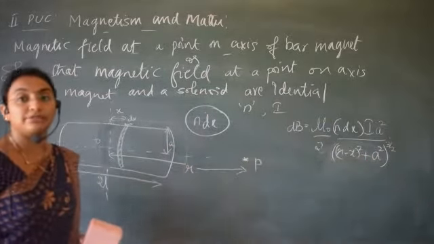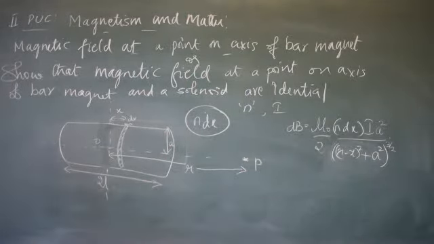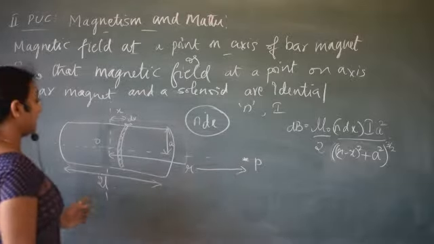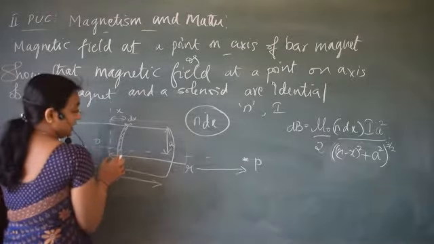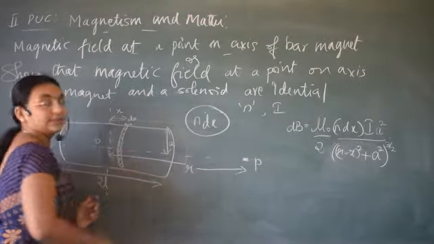Because what is the formula we got using Biot-Savart's law in the derivation? dB is equal to mu naught by 2, I r square divided by (x square plus r square) to the power 3 by 2. Here x is now r minus x.